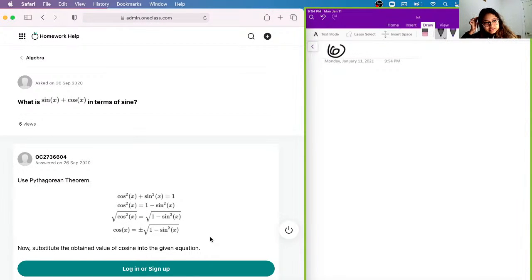Okay, so our next question says, what is sine of x plus cos of x in terms of sine?